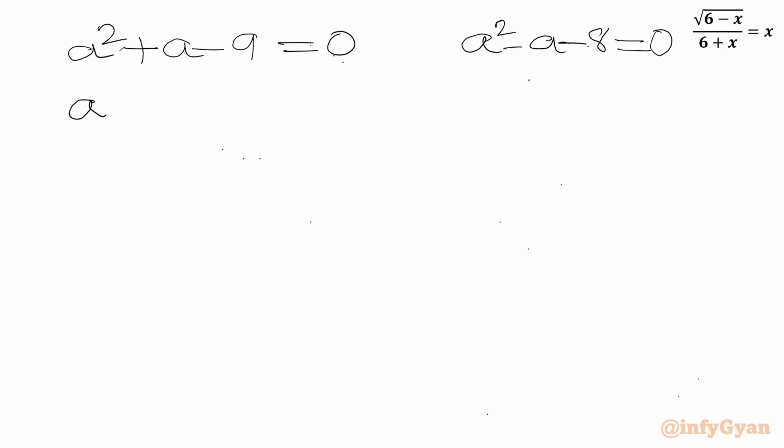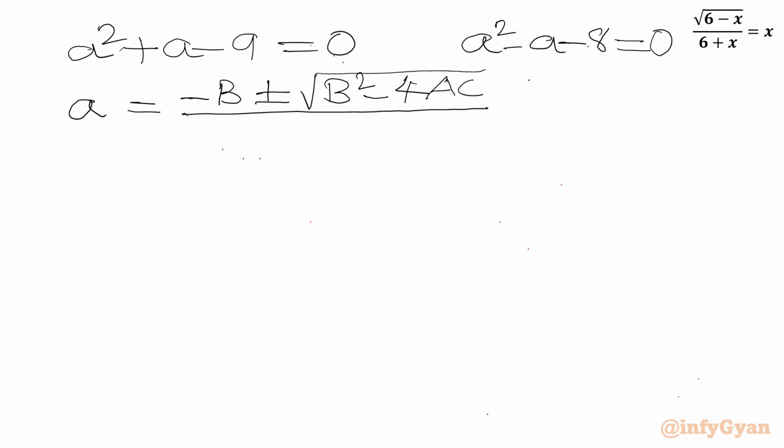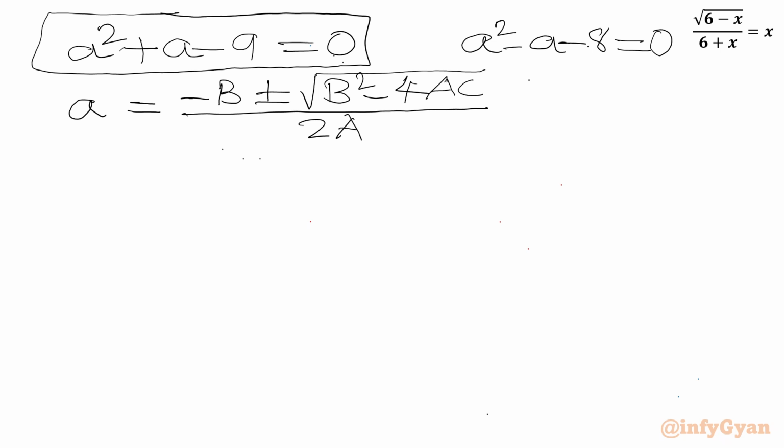I will write here a equal to, as per formula, minus b plus minus square root b square minus 4ac over 2a. As per our equation, A is 1, B is 1 and C is constant -9.